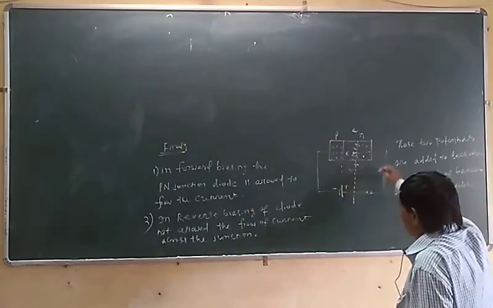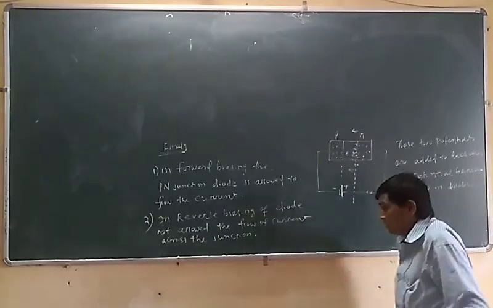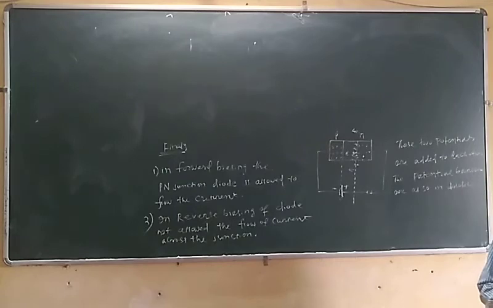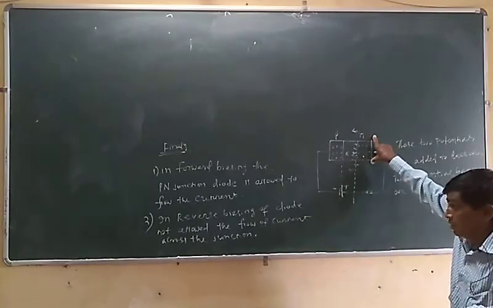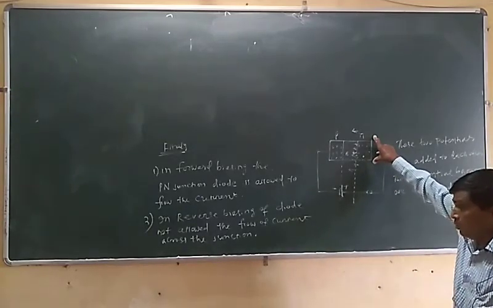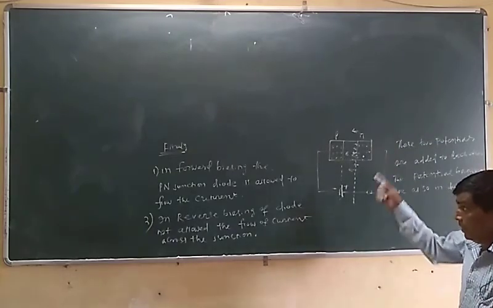So then we discussed forward biased and reverse biased, but there is another thing we consider. In reverse biased, the majority charge carriers are not allowed, but we consider the minority charge carriers.